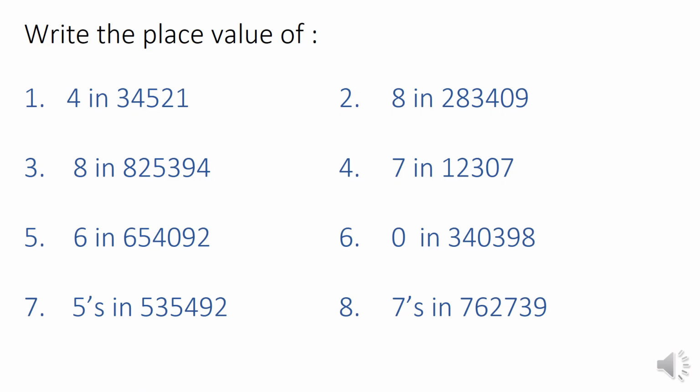Our first question is, write the place value of 4 in 34,521. Do you know what is place value? Place value is the value of a given digit within a number.